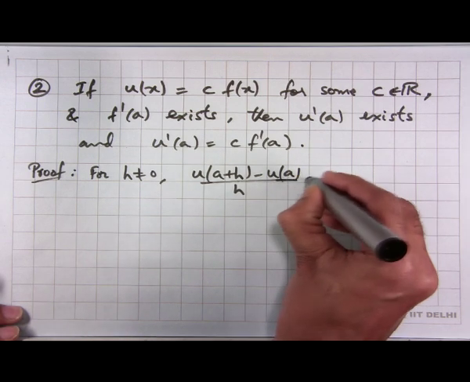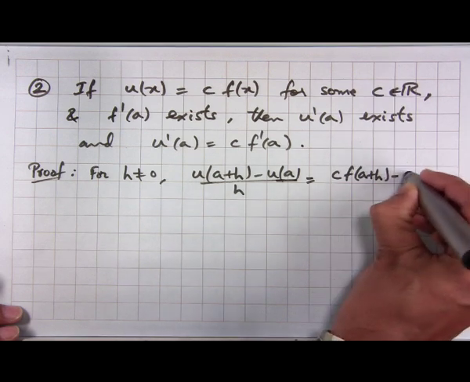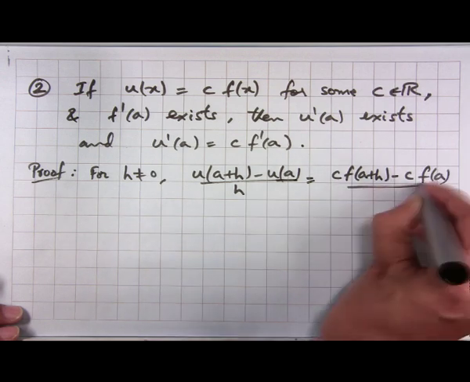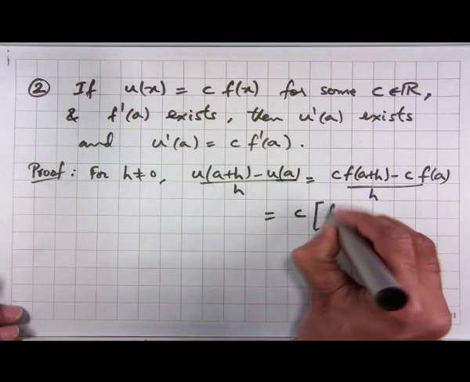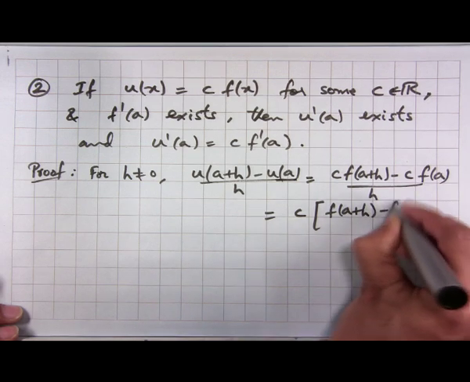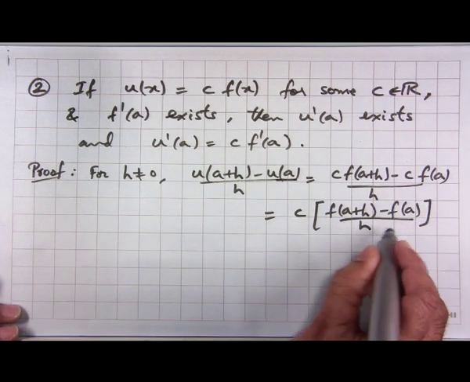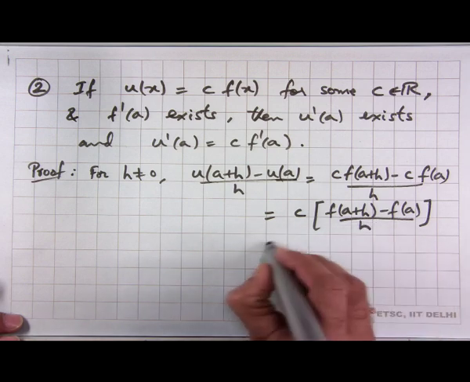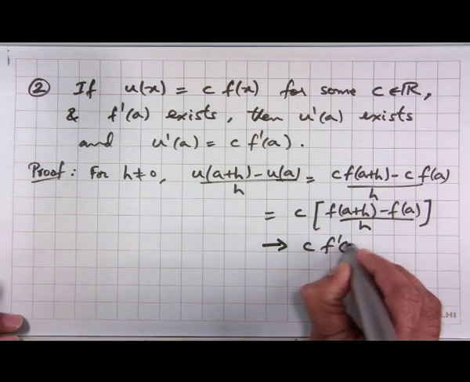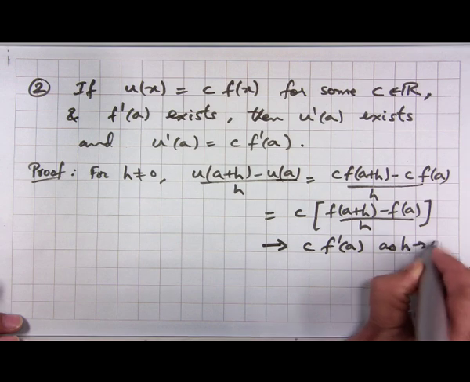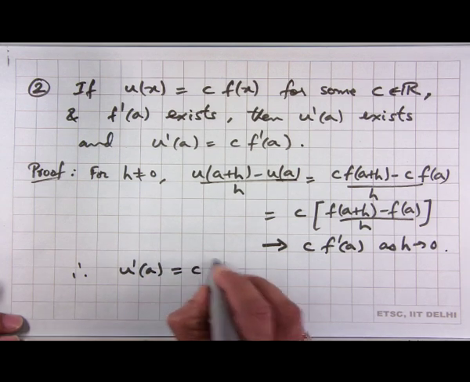This is equal to c times f(a plus h) minus c times f(a) divided by h, which is equal to, I can take c common, c times f(a plus h) minus f(a) divided by h, and we know that this tends to c times f prime a as h tends to 0. Therefore, u prime a is equal to c times f prime a.